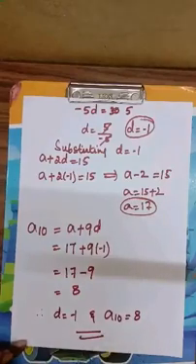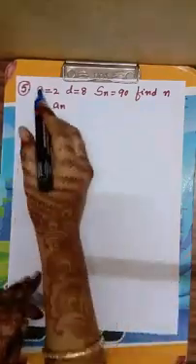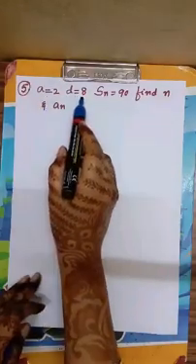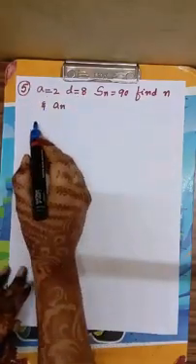Now next question. A is equal to 2, D is equal to 8, Sn is equal to 90, find n. What are the hints given? A is equal to 2, D is equal to 8.